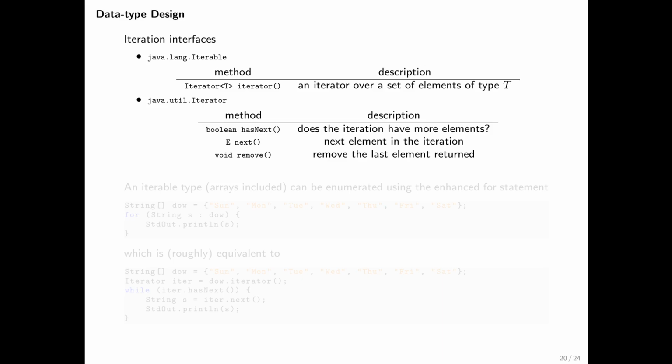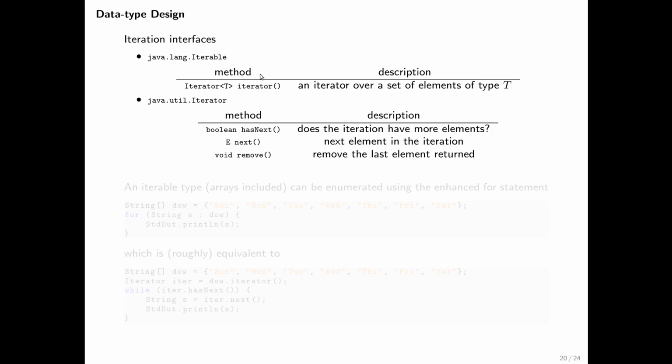All right, so how do we do that in Java? Well, what we do is we have that data type that we want to be made iterable implement the Iterable interface. Now, Iterable is an interface, meaning it only lists method declarations without saying anything about their definitions. And Iterable simply has one method, which is called the iterator method, right?